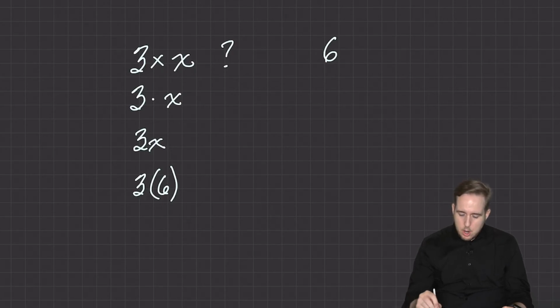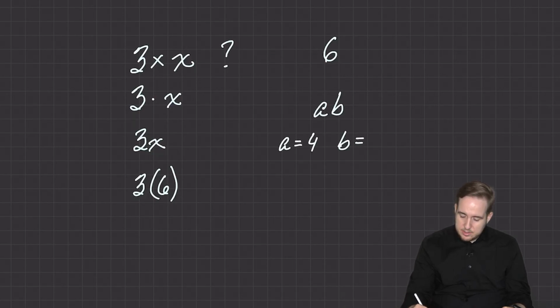So remember, when you see 2 numbers or even 2 variables together, I remember a couple of people in my class when I was much, much younger thought that if you had A B, because you don't put a symbol between them, and they said A is equal to 4 and B is equal to 3, they thought that must mean the number 43.